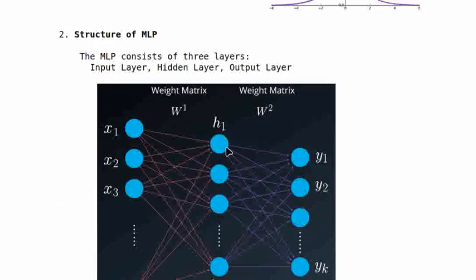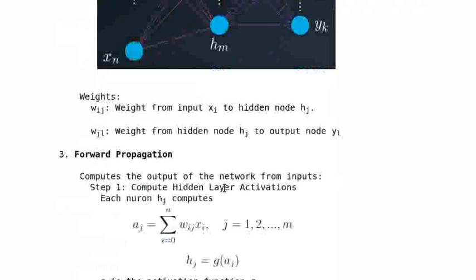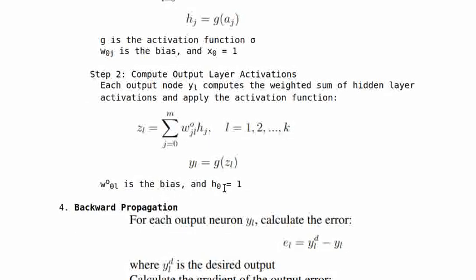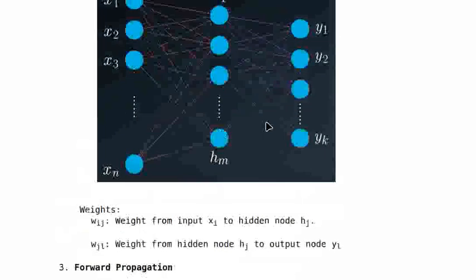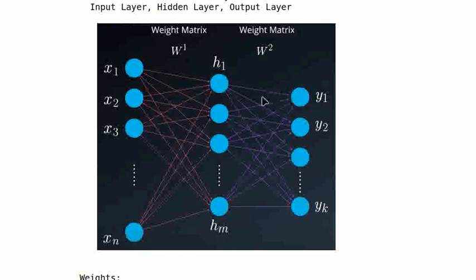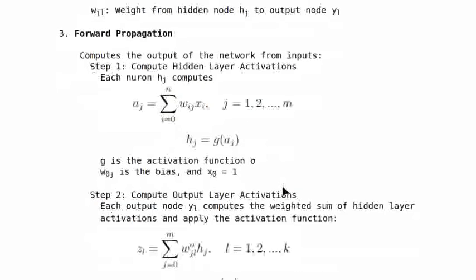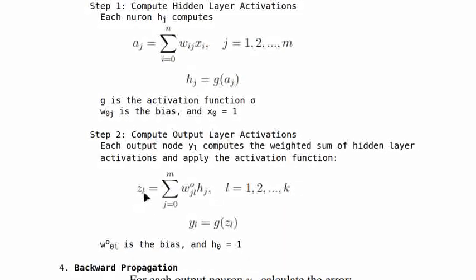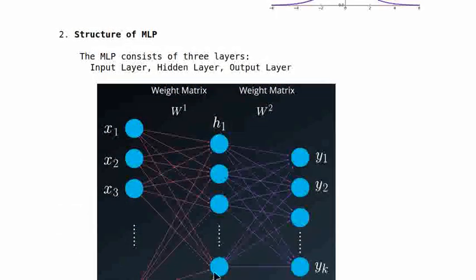That means from here to here. And the formulas are similar. So first we compute cl, the input to each output node, from j equals 0 to m, sum of wjl o times hj.